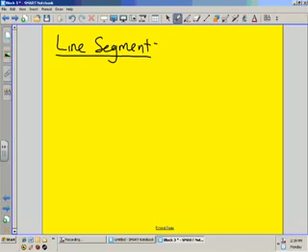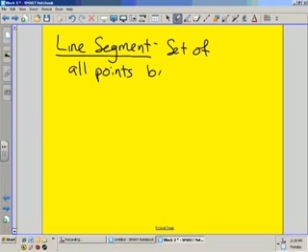And like so many other things, a line segment is a set of all points, right? That's how they all start, between two endpoints.